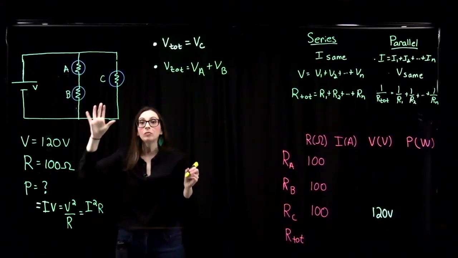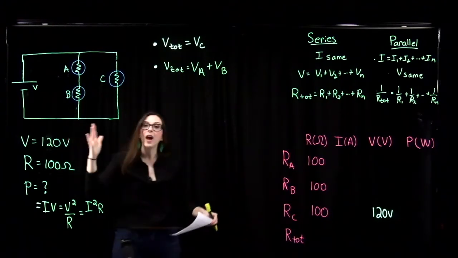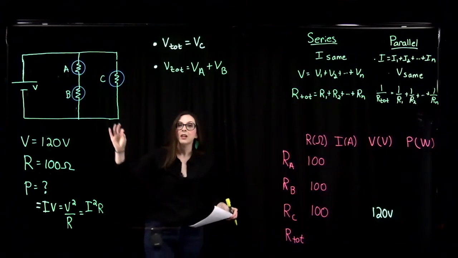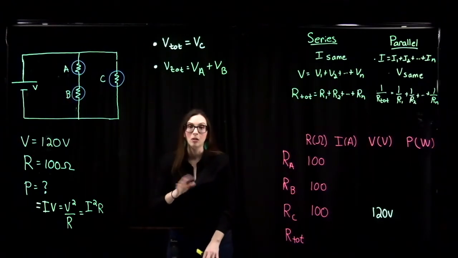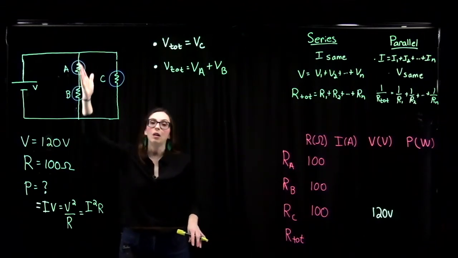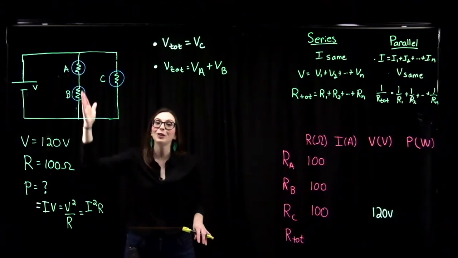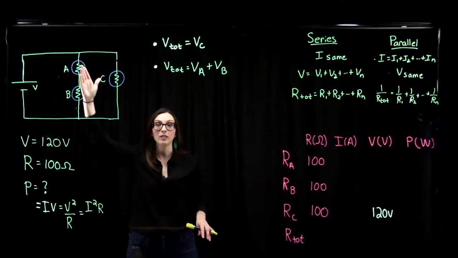Now, they both have the same resistance. If they have the same resistance, that means that both of these bulbs are going to have the same potential across them. That means that both of those bulbs, well, they're along the same branch of the circuit here, so they're both going to be getting the same current as well.